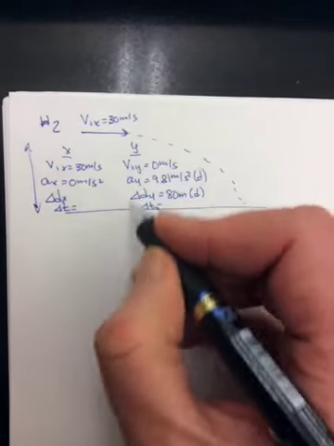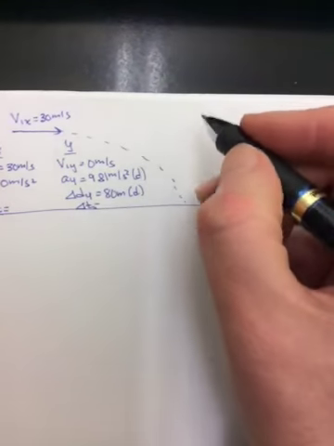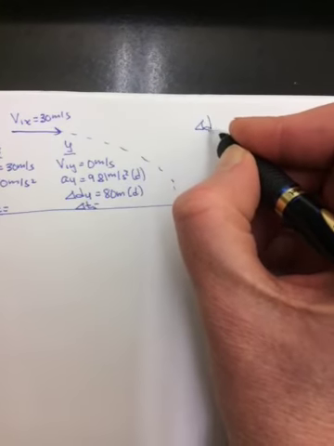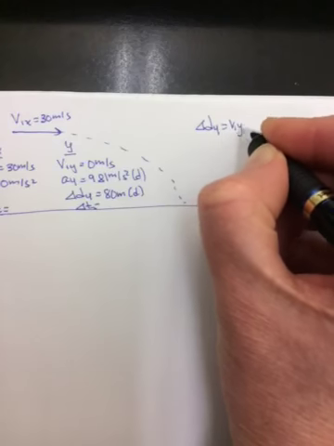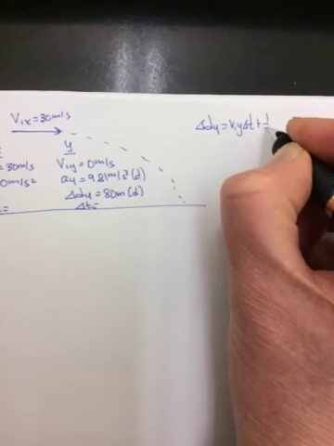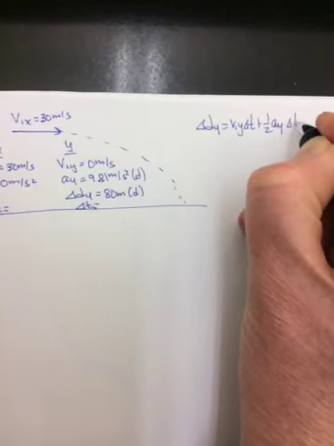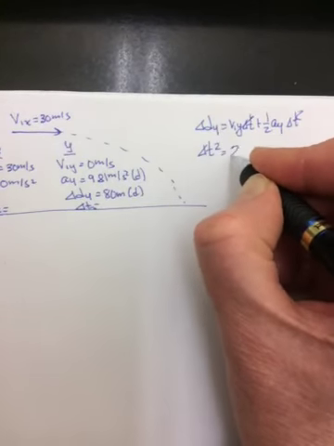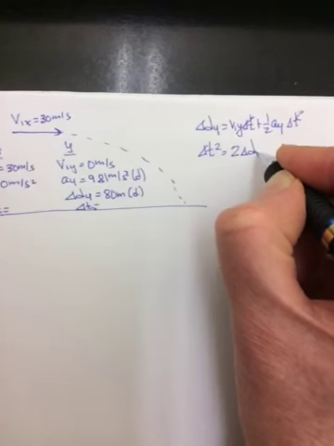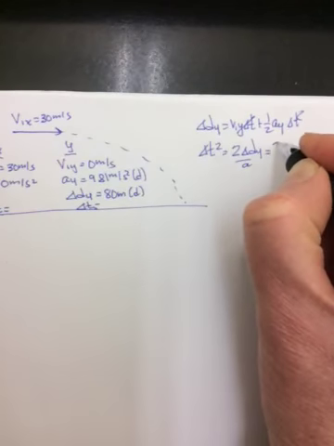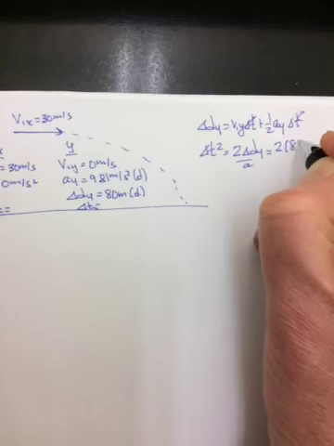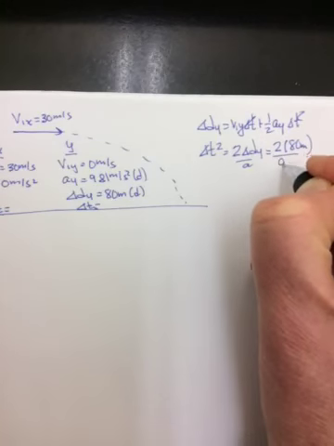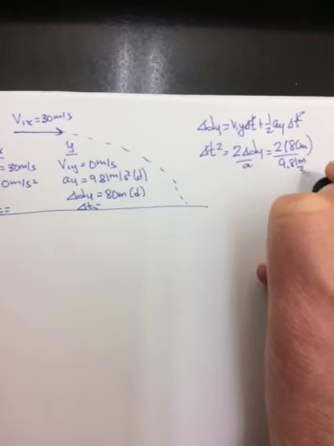So to get delta t, we're going to start in the y direction, and we're going to use delta dy is equal to Viy delta t plus 1/2 ay delta t squared. Viy goes to 0, delta t squared is equal to 2 delta dy over ay. So 2 times 80 divided by 9.81 meters per second squared.